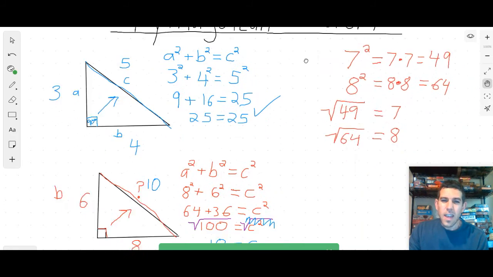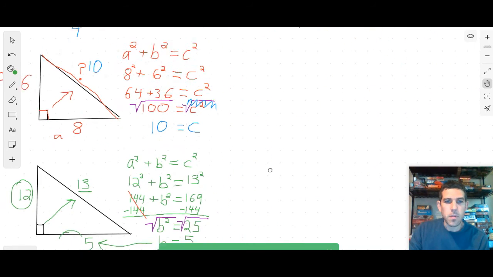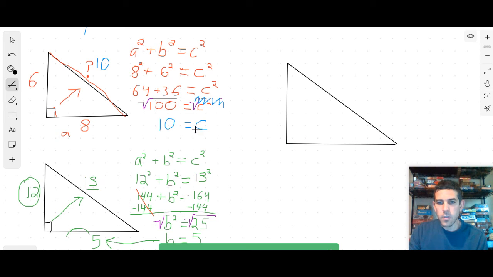The last thing we can do, which is kind of neat, is you can actually use the Pythagorean theorem to figure out if a triangle is a 90-degree triangle at all. So let's say I drew a triangle. Here we go. And we're not really sure whether or not this is a 90 degree. I'm not going to put the little 90 degree symbol on it this time.